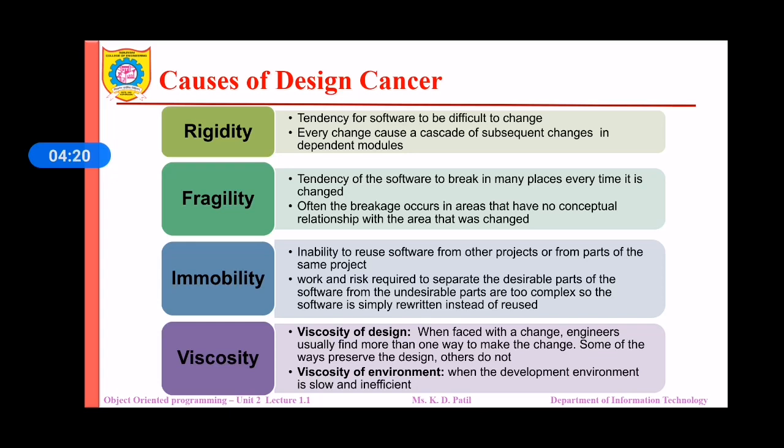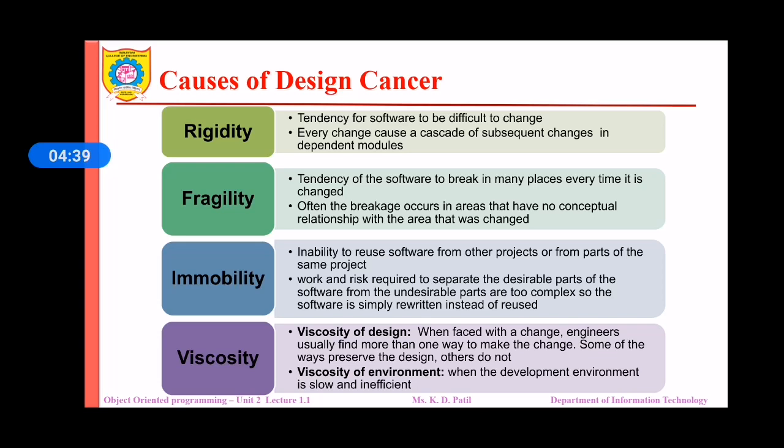Now, what about the other 2 modules? Even though they are not dependent on or related to the module we have changed, changes may still occur in those modules also. That is called fragility.